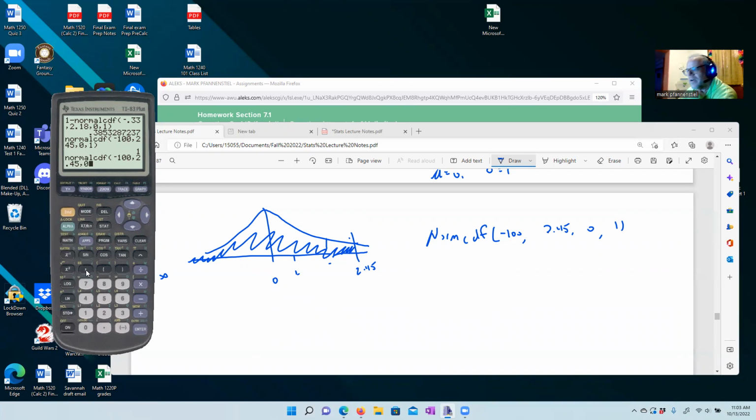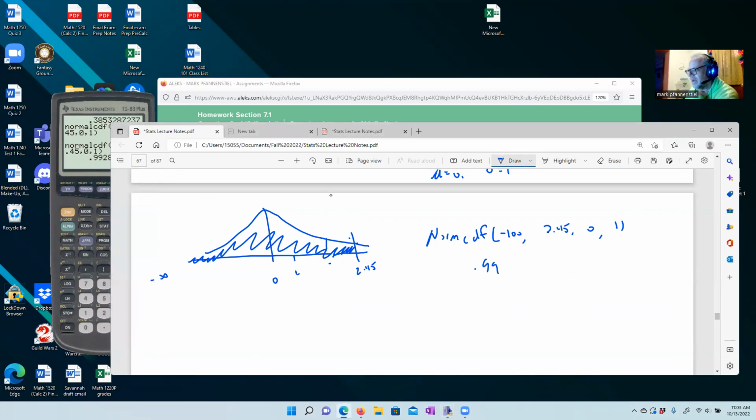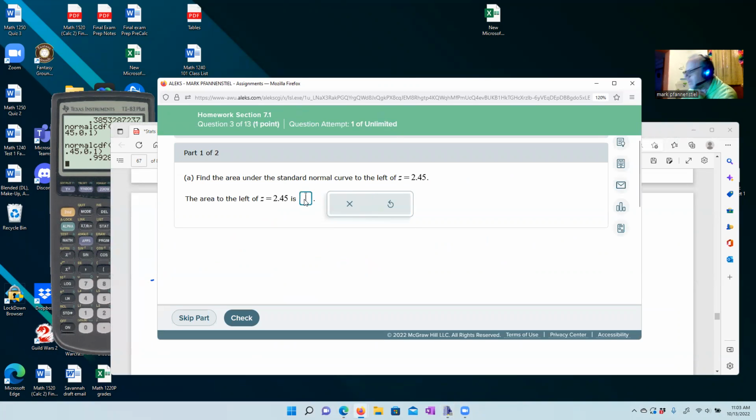Enter. I know it's going to be close to 1, but it's not going to be 1. So we'll say 0.9929. And that'll be your answer, 0.9929 for this one. Great. Check.